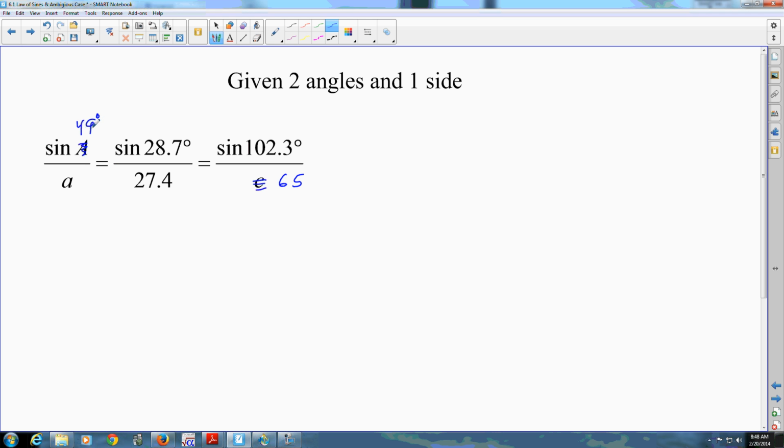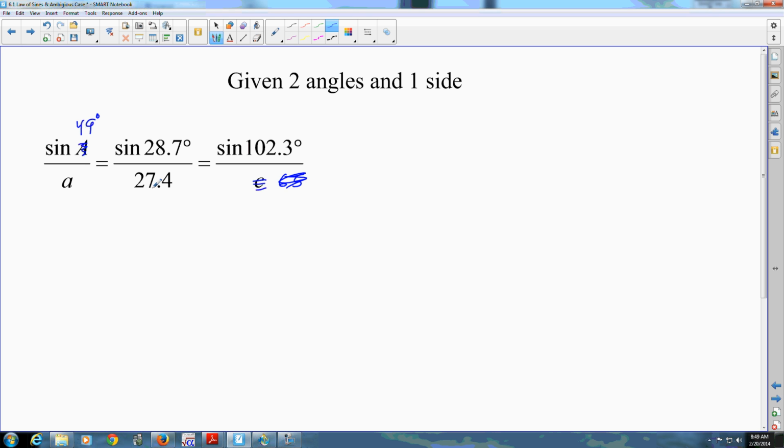I think you probably have less of a chance of making a mistake in subtracting the angles than in actually finding side C. So I'd recommend that you don't use this fraction and you use this one. It's closer and you don't have to rearrange it. I'm saying, in the interest of full disclosure, that I would avoid it.